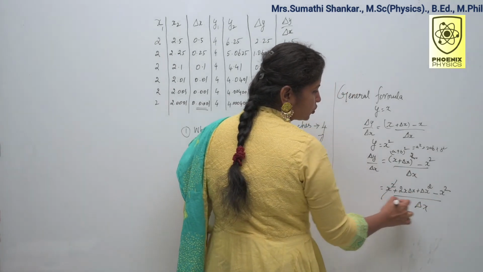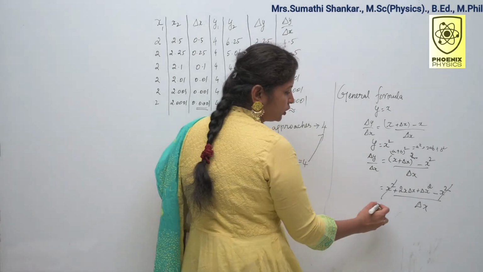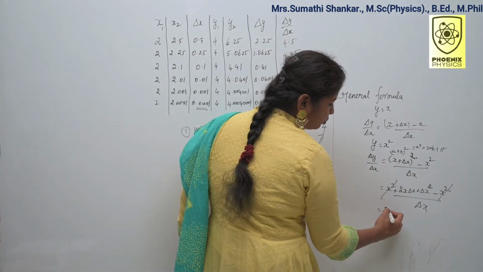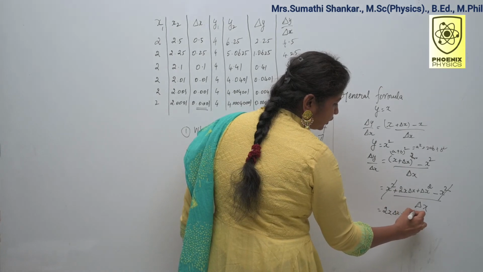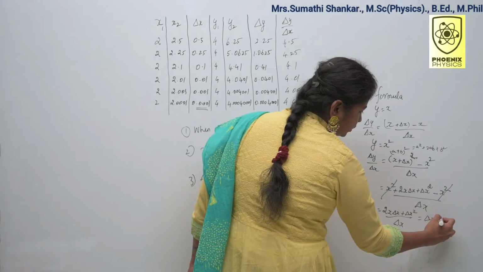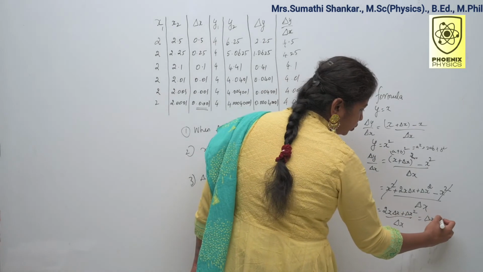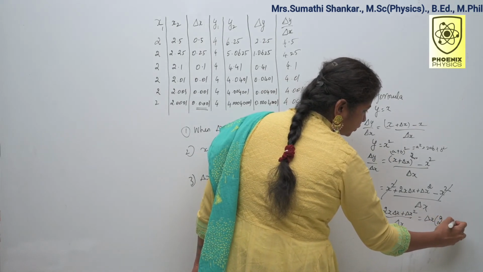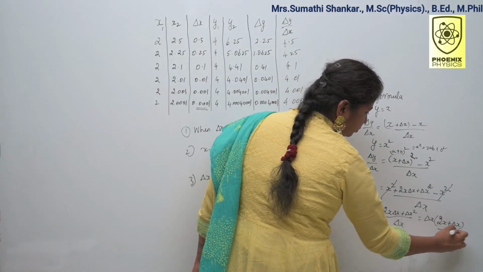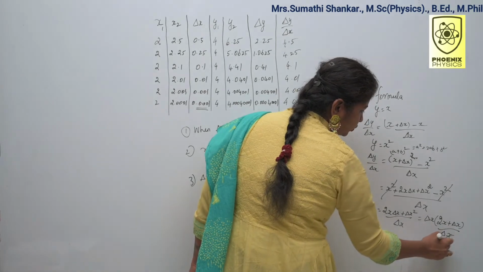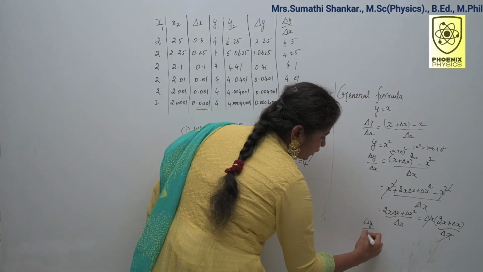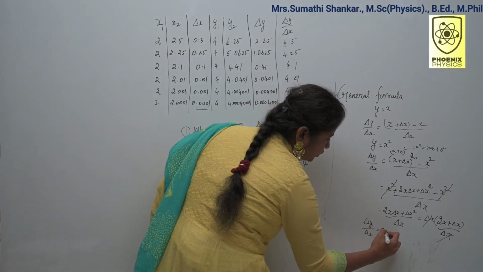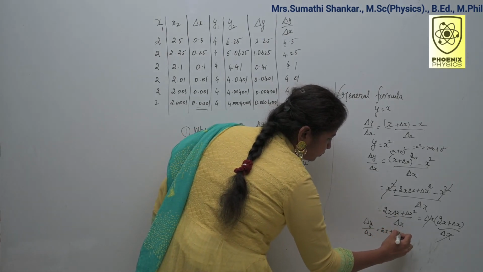Cancel this plus x square and minus the x square. So remaining terms: 2x delta x plus delta x square divided by delta x. Take delta x common, 2x plus delta x divided by delta x. So cancel this, you are getting delta y by delta x is equal to 2x plus delta x.